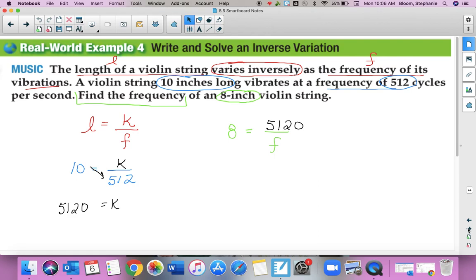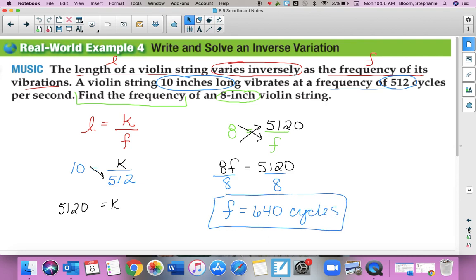So when I solve this, I would cross multiply. So 8F is equal to 5,120. And when I divide both sides by 8, the frequency would be 640 cycles. And there is my frequency.